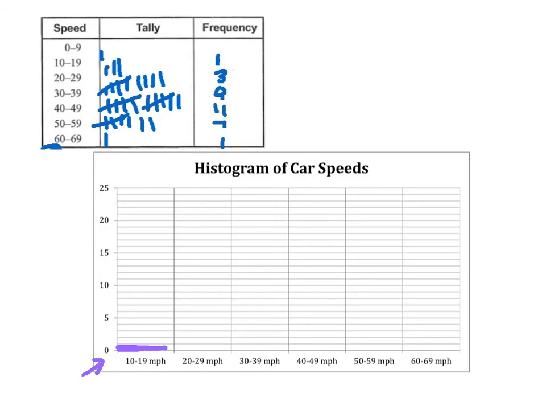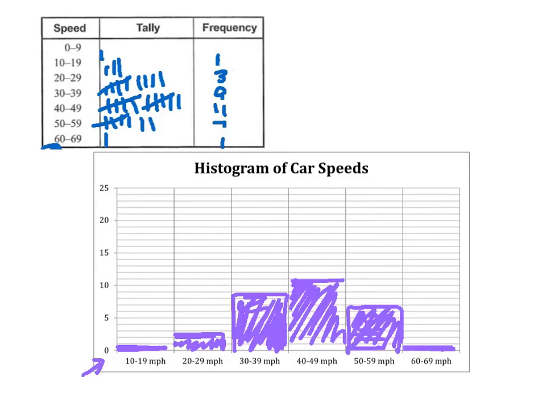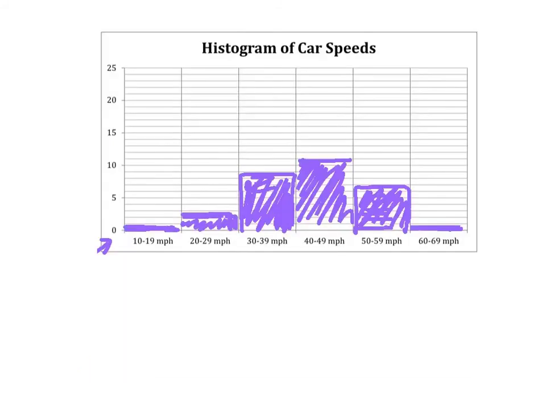We have 3. Alright, so now I filled in my histogram into the different intervals. So let's take a look at our histogram of car speeds.